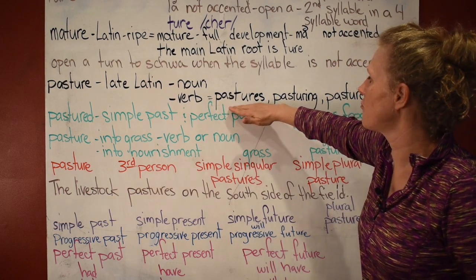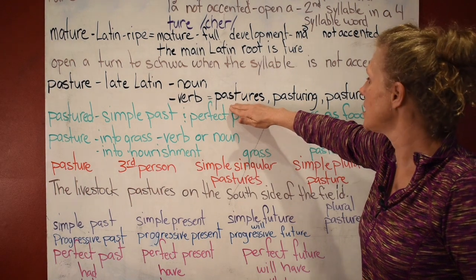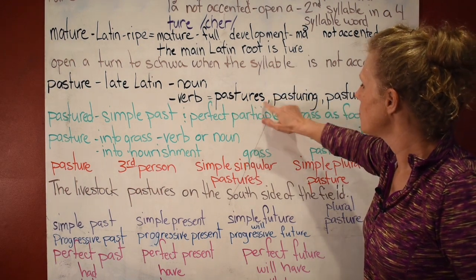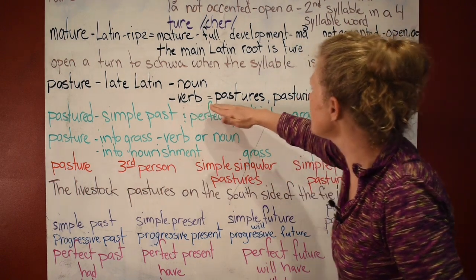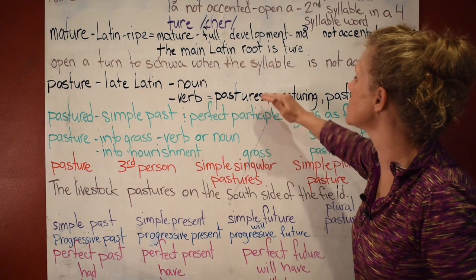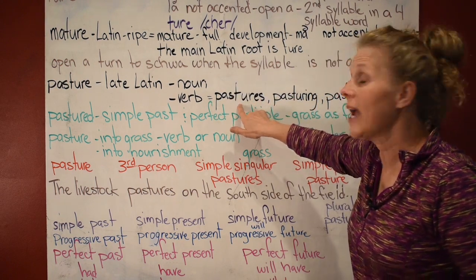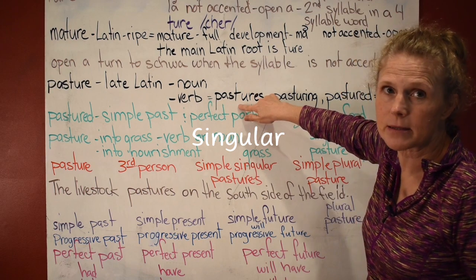Where does pastures fit in the tense? Right here, guys, if you say pastures with this plural S right here. So this is a verb and you have to be careful with your plural S's when it's a verb. So we have pastures. Where does that fit if you're saying this is a tense?